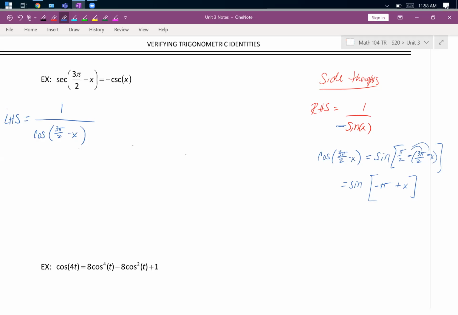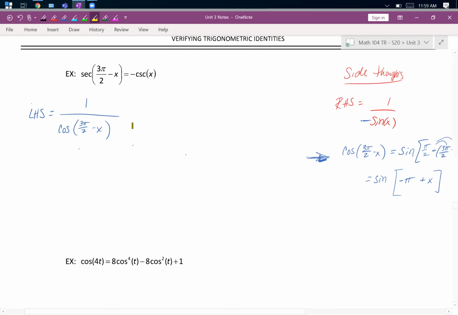So we could use a sine sum formula here. Riley, what you suggested is not wrong by any means, but it did add some extra steps. We could just go right to our cosine difference formula. If we did this extra step and then did our sine sum formula, we're still going to get exactly the same answer. So you didn't lead us down a wrong path, but this path has a few extra steps that we could avoid. Again, not wrong. There's frequently multiple ways to do it. Either way, we're going to have to use a sum or a difference formula.